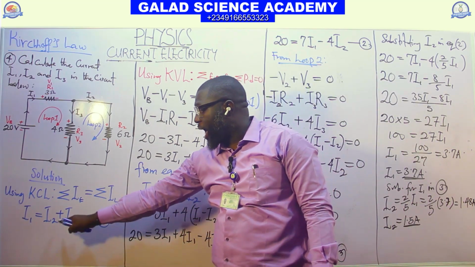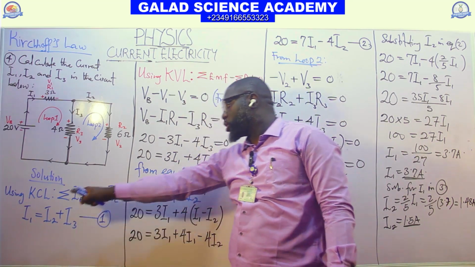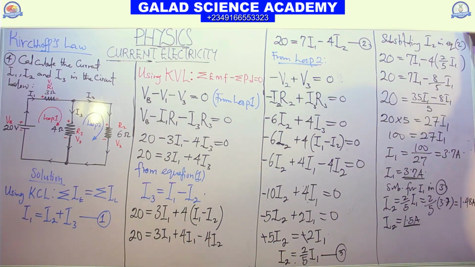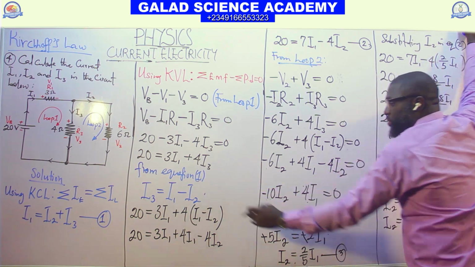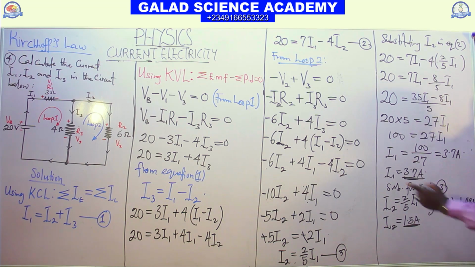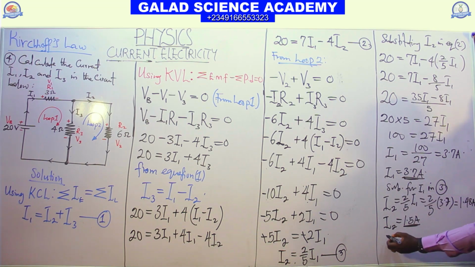So that is I2 plus I3 equal to I1. So, this is I1, this is I2. Yes, from this expression, substitute for I3. I3 equal to I1 minus I2.